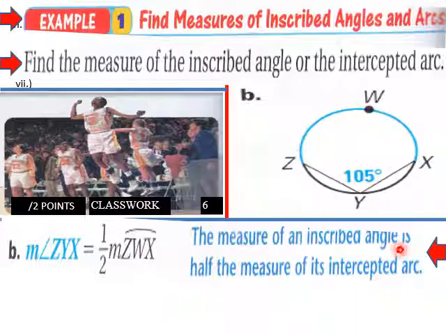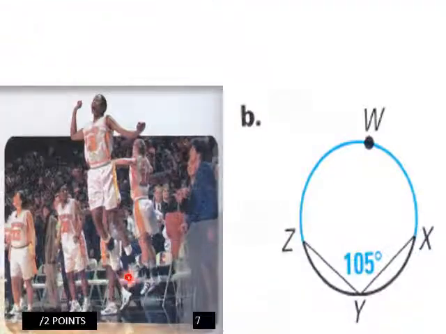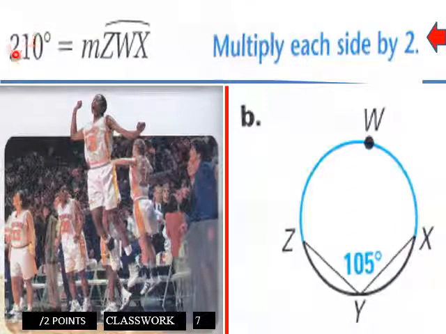The measure of an inscribed angle is half the measure of its intercepted arc. So 105 would equal 1/2 of ZWX. We substitute 105, since we know this value, into our equation to solve it. Then 210 degrees would be the measure of this arc, ZWX.